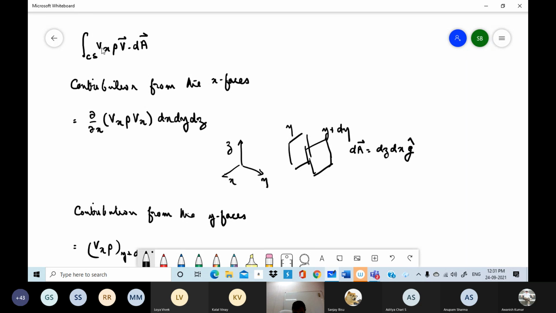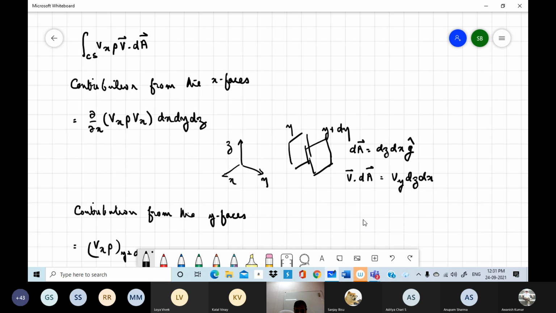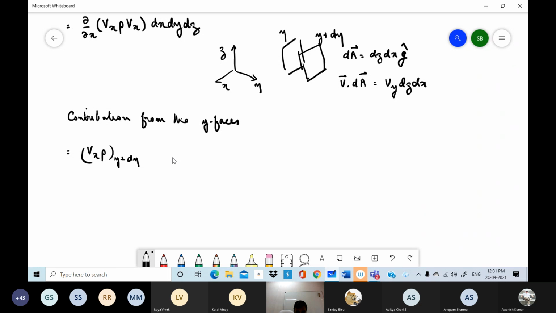So this dotted with v, so v dot dA would be, so this v has vx i plus vy j plus vz k. So when I dot with this, it's only the vy which will contribute. So it will give me vy into dz into dx. So this has to be evaluated at y plus dy. So it will be vy at y plus dy into dz into dx.